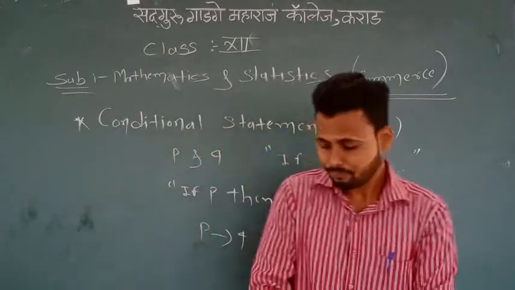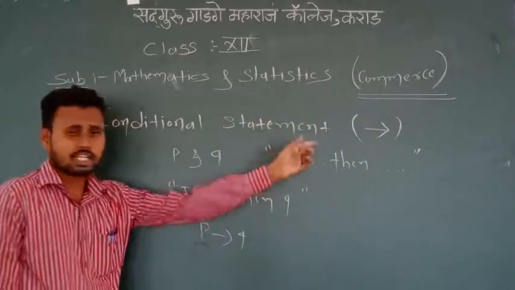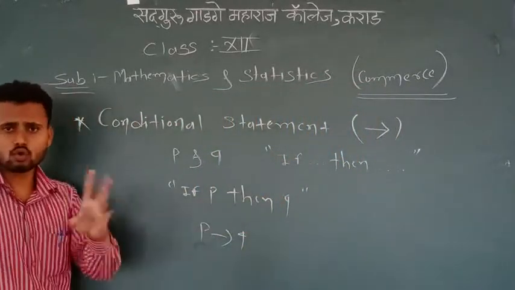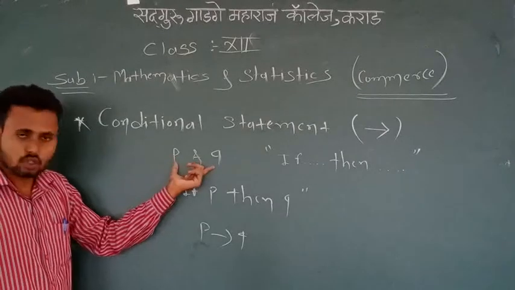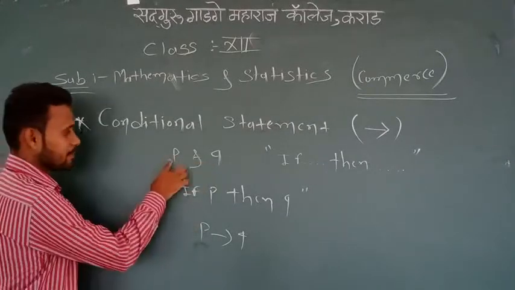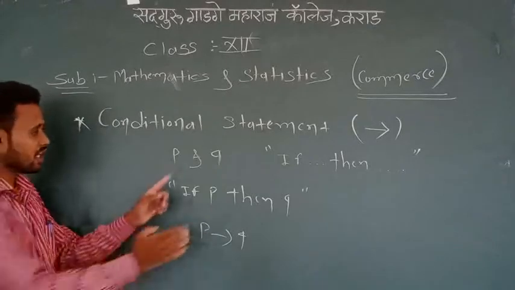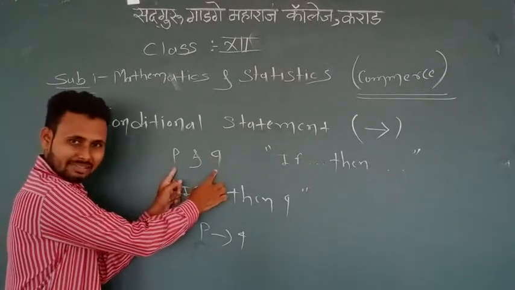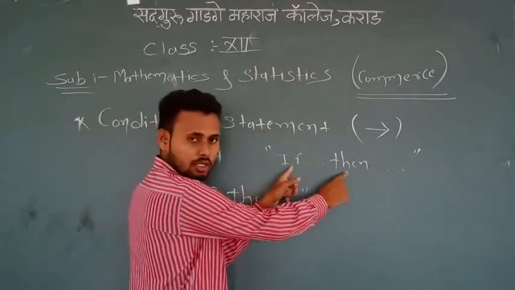One more definition. Suppose we have two simple statements P and Q, and we connect them by the group of words 'if... then'. If we connect two simple statements, what do we get? A compound statement.